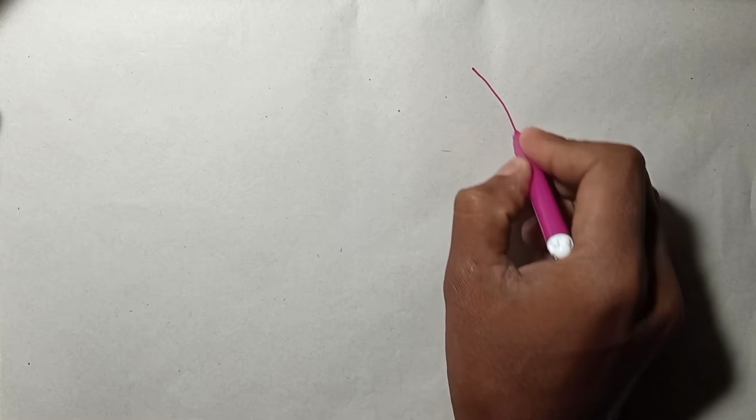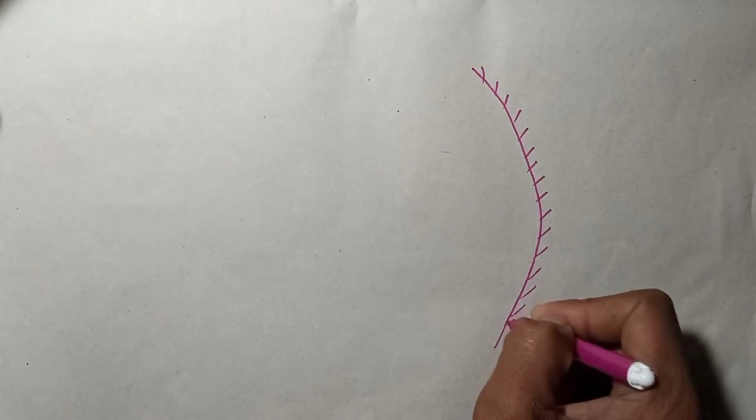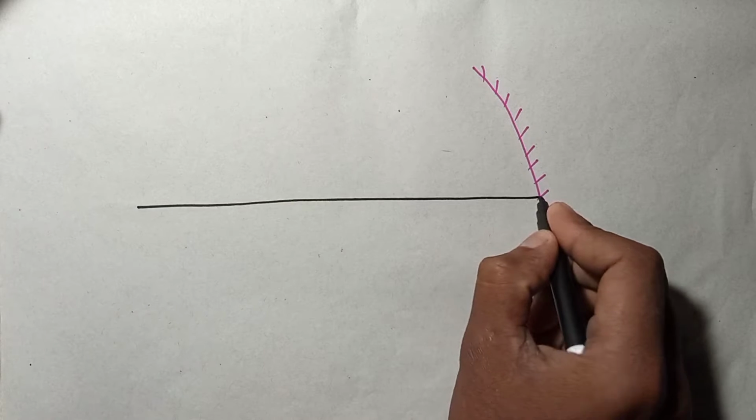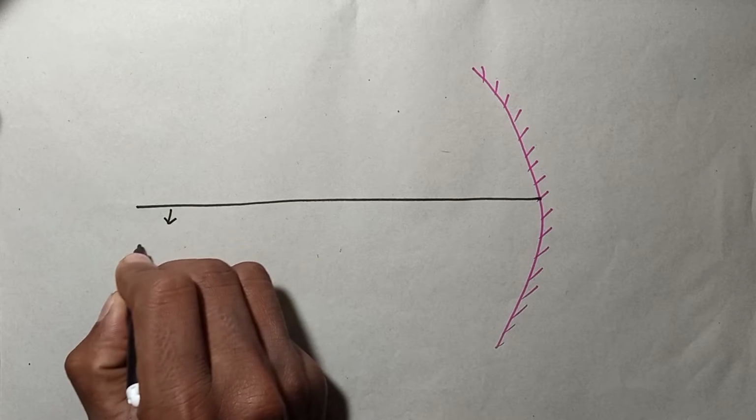So let's say I have a concave mirror, and let's say this is the principal axis.